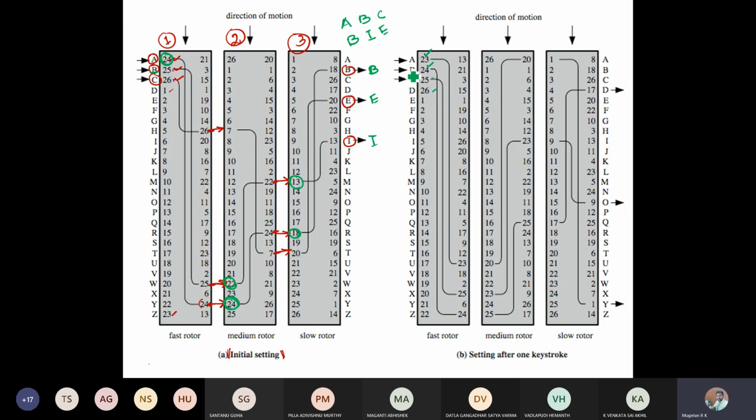And you can see if you give the same input of A, B, C, here you'll get different outputs: D, O, and Y. The same message, the same machine, but after a single keystroke, that is after the first transmission, the entire thing changes. So this is how a basic rotor machine works.